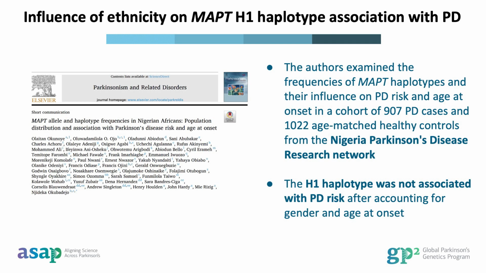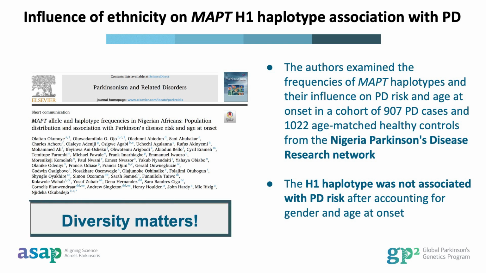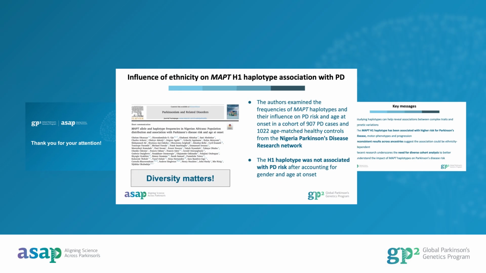A more recent example was published last year, analyzing the frequencies of MAPT haplotypes and their influence on the risk of Parkinson's disease by the Nigeria Parkinson's Disease Research Network. The authors did not find an association between the H1 haplotype and Parkinson's disease when adjusting for sex and age of onset. With this in mind, we can see why it's so crucial to conduct this analysis in diverse cohorts.